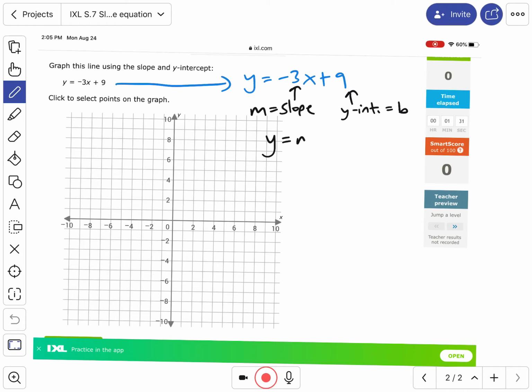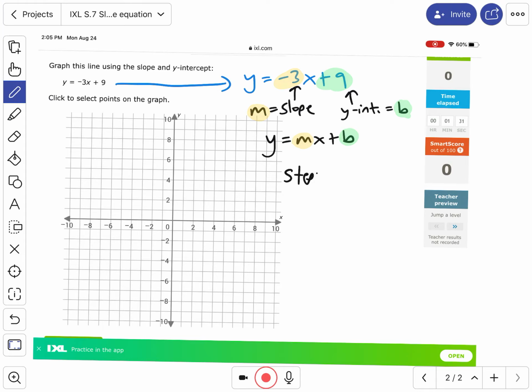So if we have y equals mx plus b, this in front is going to be our slope, and this after the plus 9 is going to be our y-intercept, which is b. And so the first thing we're doing is identifying the slope and y-intercept.